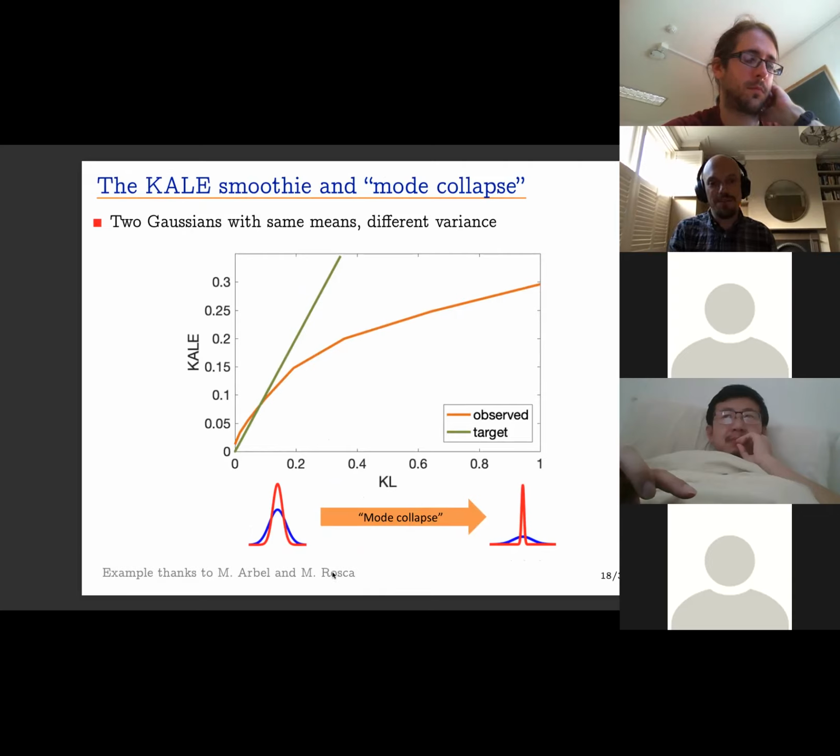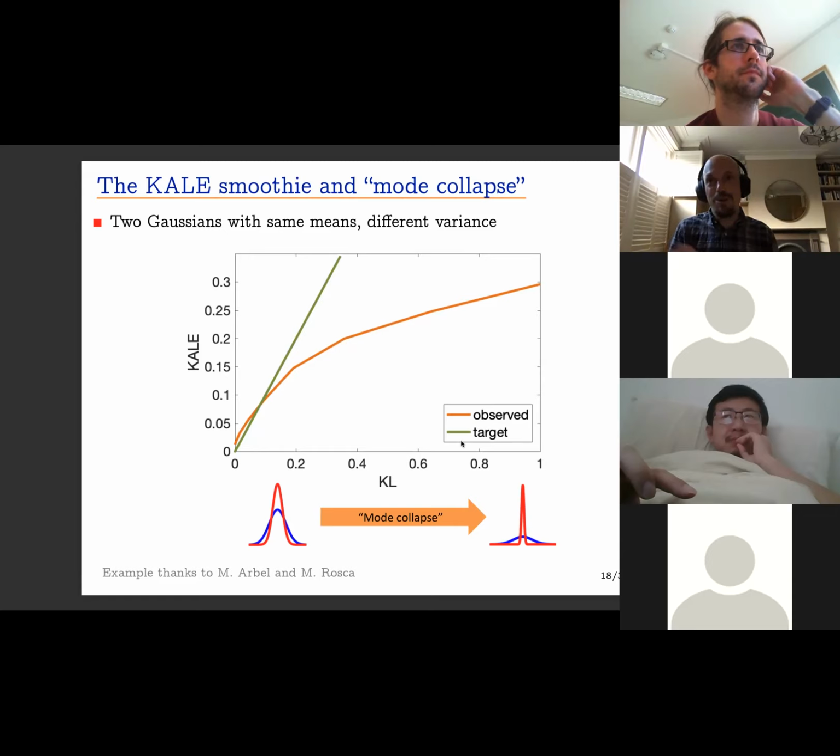Here is an example. Let's say I've got my two Gaussians, and let's say now that the KL is well defined. Well, the KL is always well defined because the ratio is always well defined. In this case, I've got one Gaussian that is going to have a much narrower variance than the other. As I move up my x-axis, my red Gaussian is getting narrower and narrower with respect to my blue Gaussian.